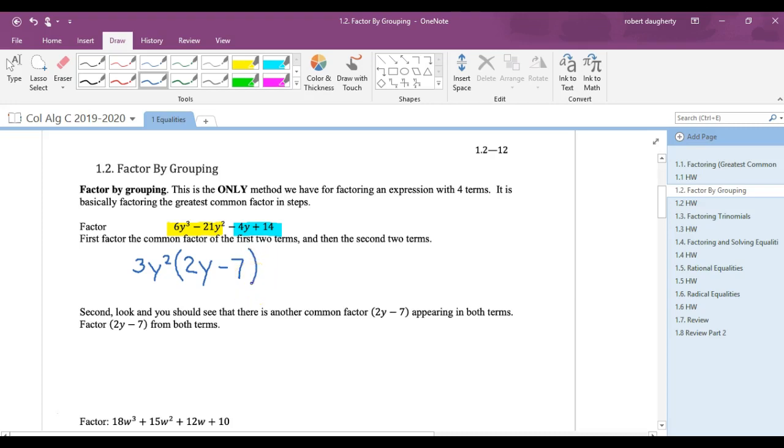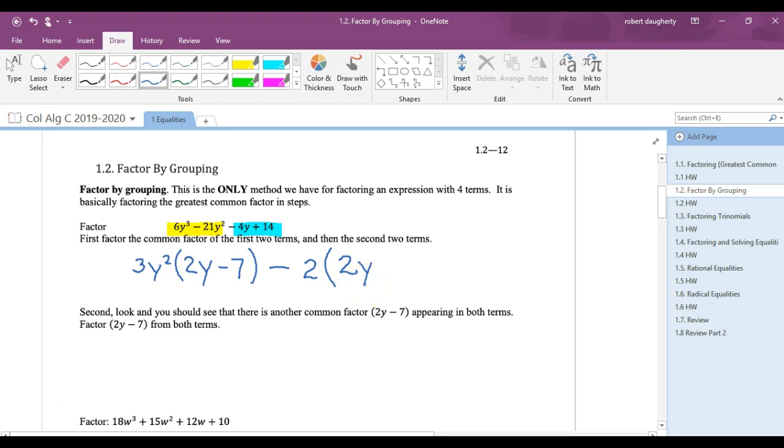Now, the next thing you see is a minus sign. Write it down. Now, let's pretend like this is a totally new problem. What do 4 and 14 have in common? 2. So if I factor out a 2, what do I multiply 2 by to get 4? That's 2. And then I have to multiply here by a y.